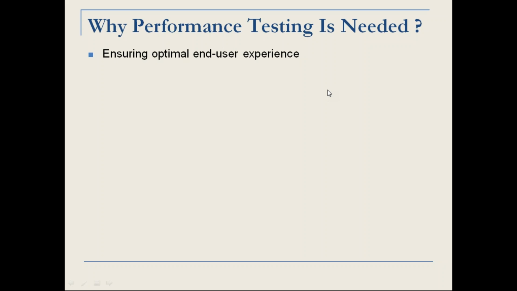Whether the ticket got booked, whether their money got deducted and the ticket did not get booked, or the ticket got booked and the money also got deducted. Something should be there on the screen. If it's not there, then users will never rely on the application. So you have to ensure that the end user experience is good. It is nothing but how fast it is working and responding. Okay.